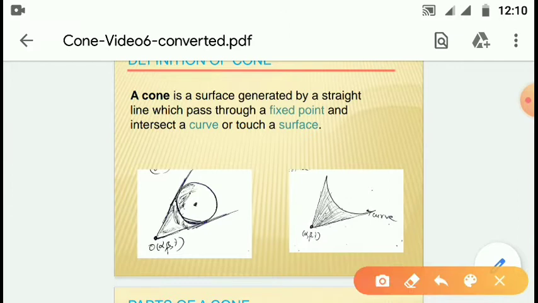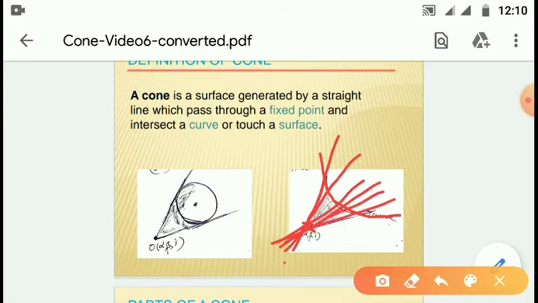In another case, we take a curve. This is a curve, and here also alpha, beta, gamma is a fixed point. We can draw straight lines passing through alpha, beta, gamma, that is, passing through the fixed point and intersecting the curve. All these straight lines also generate a curved surface which is called a cone.